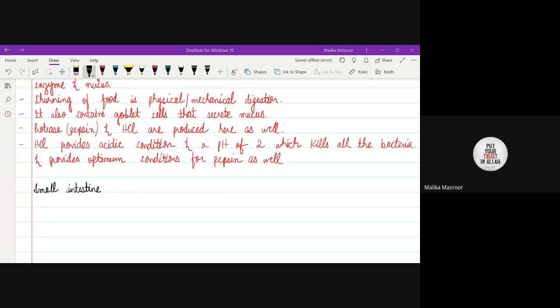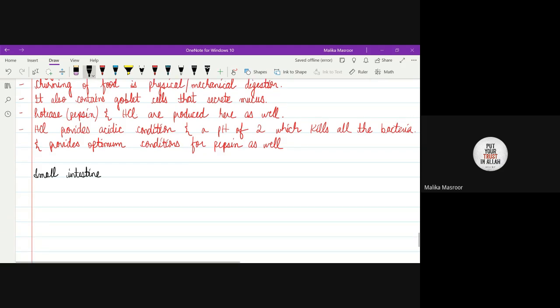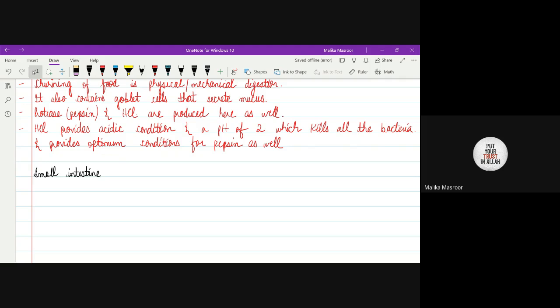All right. Now let's talk about the small intestine. It is the part of the alimentary canal between the stomach and the colon. Colon is the first part of the large intestine.